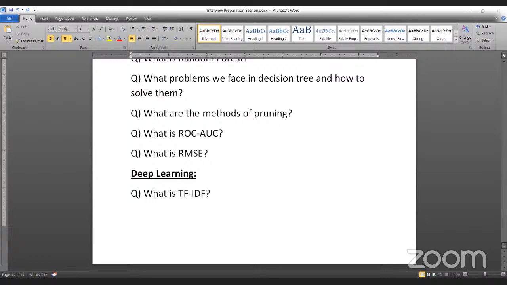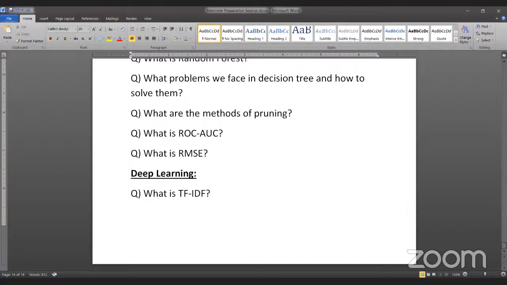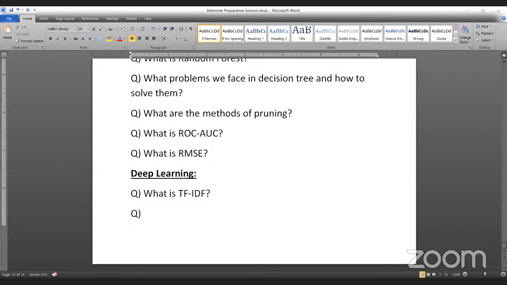So TF-IDF is the product of term frequency and inverse document frequency. If we check this TF-IDF, it gives us how important a term or a word is in a collection of documents.